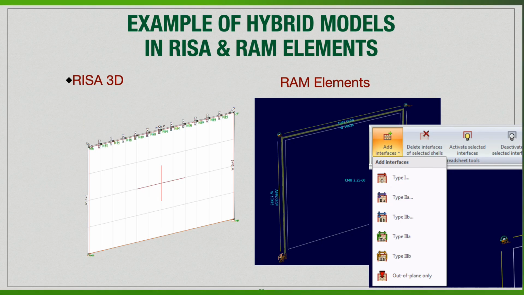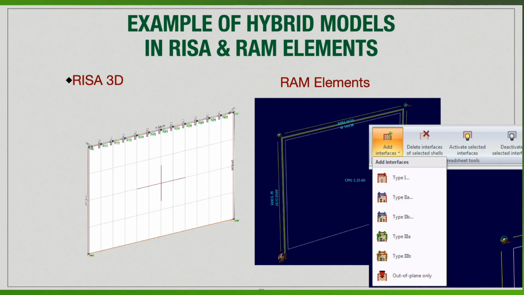Some of the different software programs have differences here. Within the RAM Elements program, there's actually interfaces to define the type 1, type 2A, and 2B interfaces between those steel elements and masonry walls. There's actually a type 3 where you would build the masonry tight all the way around.